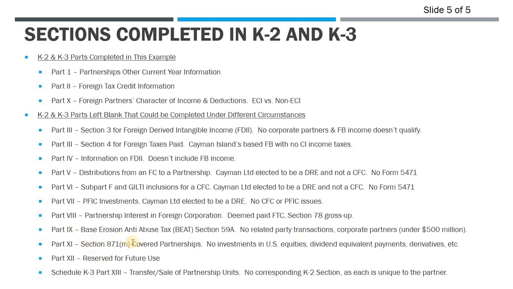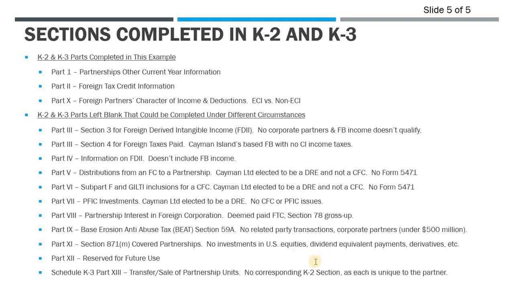Okay, so now if we move over to Part 11, we have Section 871M for covered partnerships. 871M was put in place because very creative tax planners and financial products specialists were coming up with ways to create dividend equivalent payments to avoid withholding.